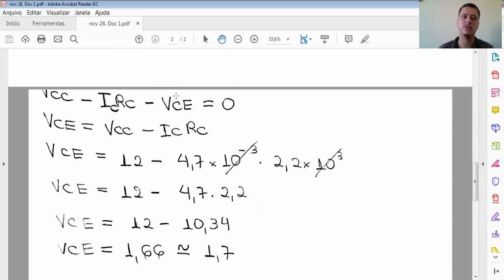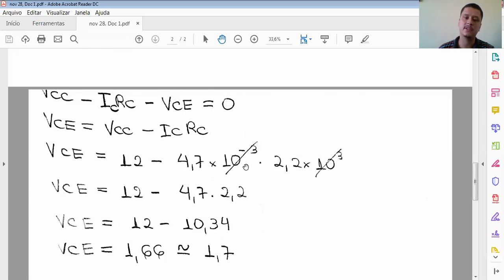Let's put the VCE, which is our variable of interest, on the other side of the equality sign. And then we're going to have VCE equals VCC minus ICRC. We have VCC, we have RC, and the IC we just calculated in the page above. So we have VCE equals 12 minus 4.7 times 10 to the power of minus 3.